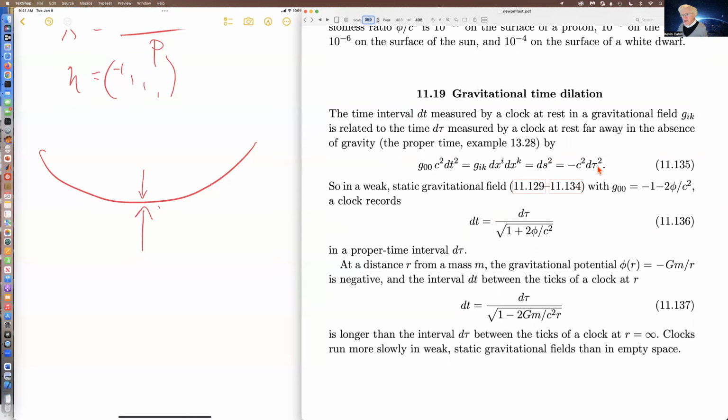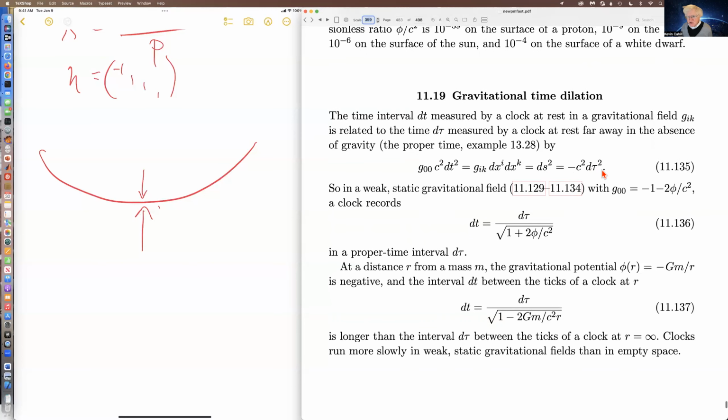And so for the clock at rest in empty space, it's just minus c squared dτ squared. That's dτ, the time between ticks. And for the one in the gravitational field at rest, it's g00 c squared dt squared.